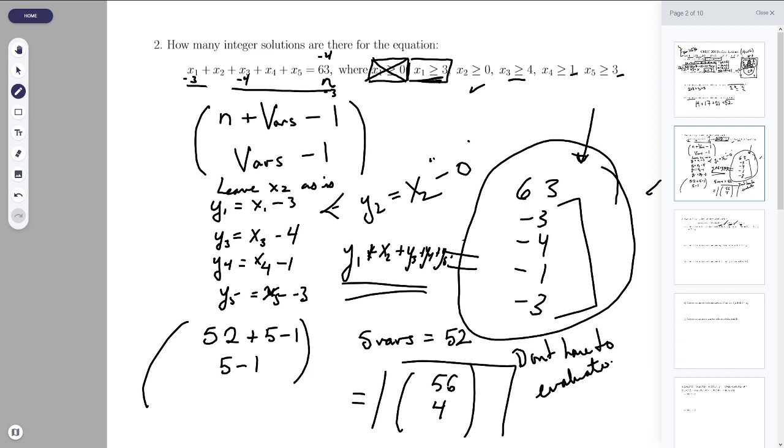It's n plus the number of variables minus 1, choose the number of variables minus 1. You could call it stars plus bars minus 1, choose bars minus 1.